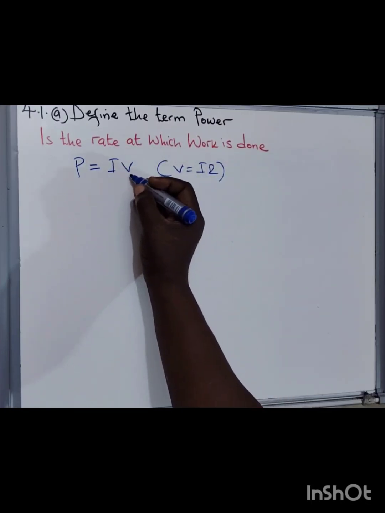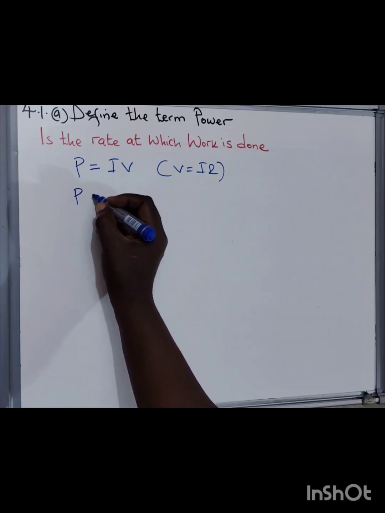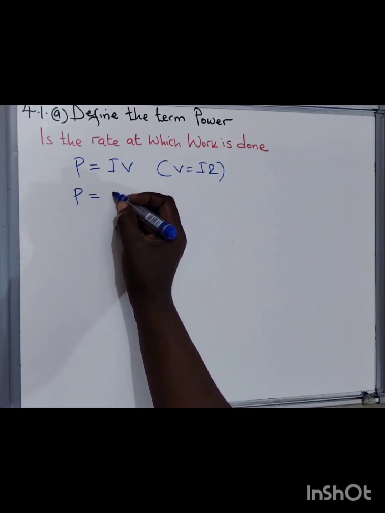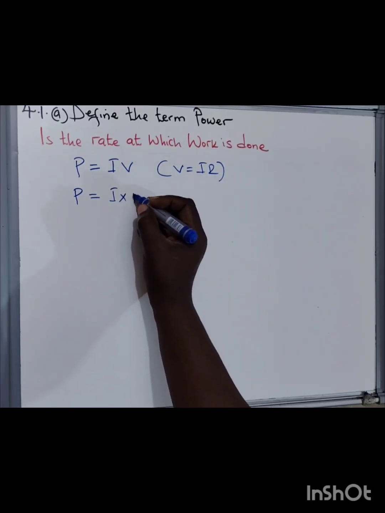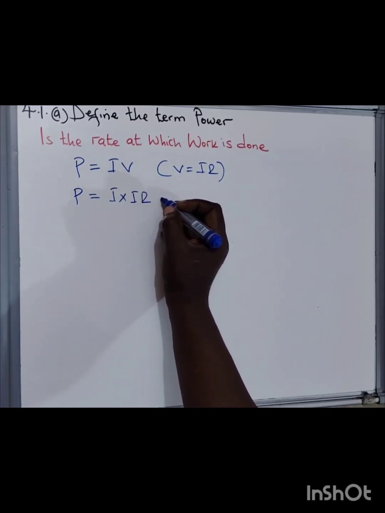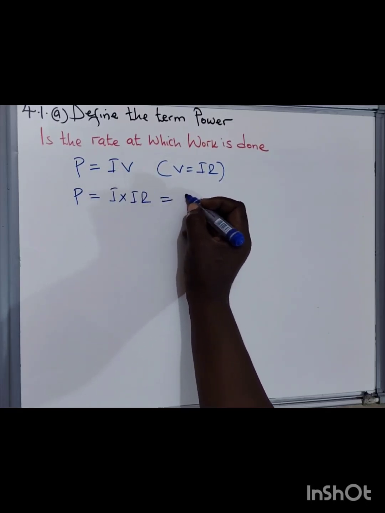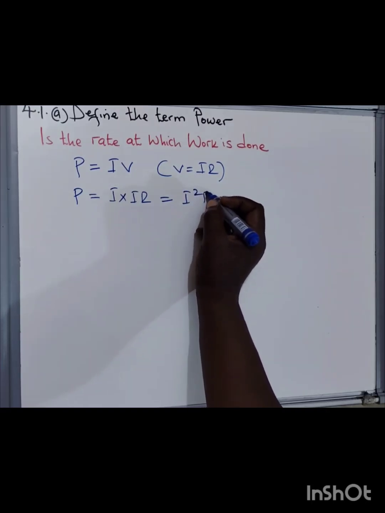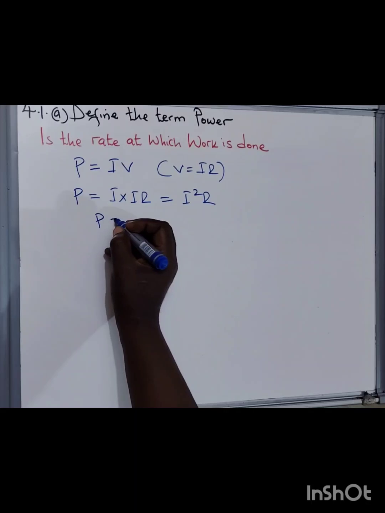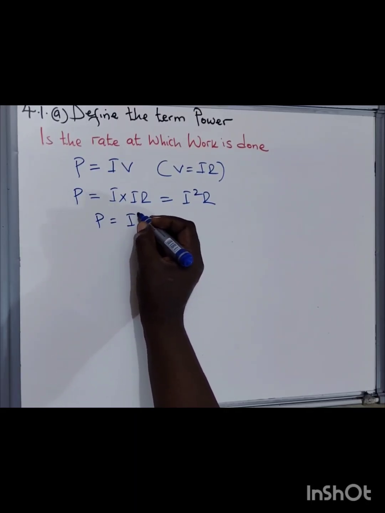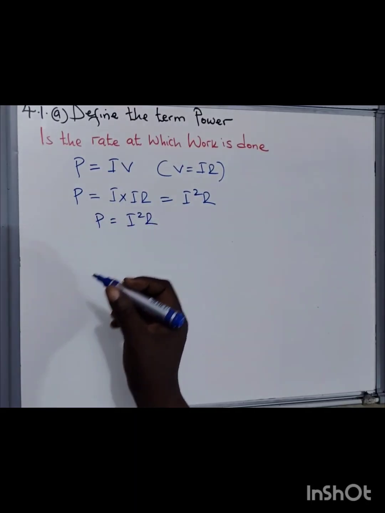So if you substitute for V, you're going to say power is equal to I times V, which is IR, giving you I squared R. So power is equal to I squared R.